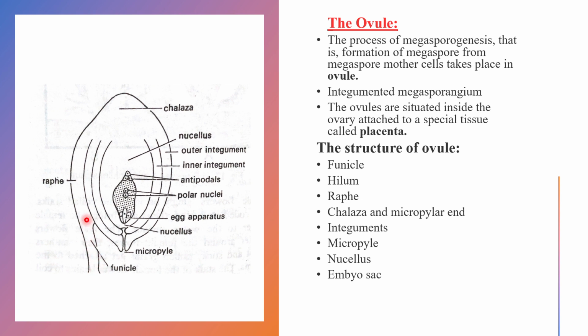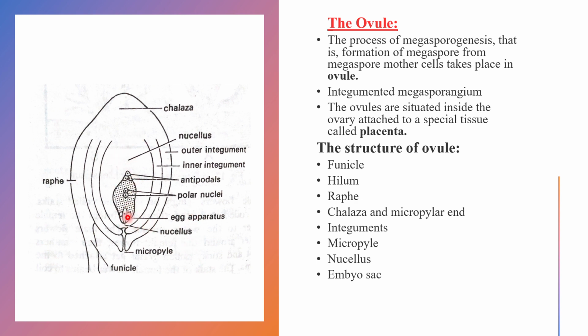When it moves upward, this is the chalaza, and this ridge formed is known as the raphe. This downward end is known as the micropyle, and this inner tissue is known as the nucellus.